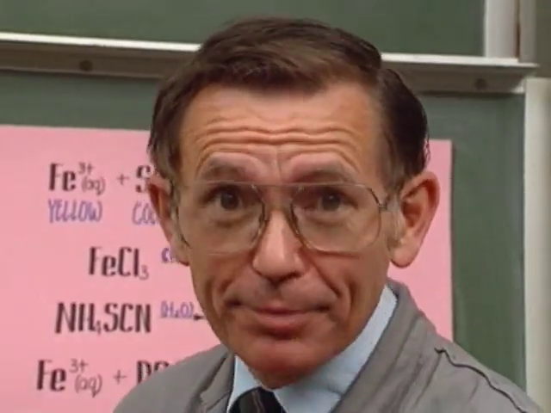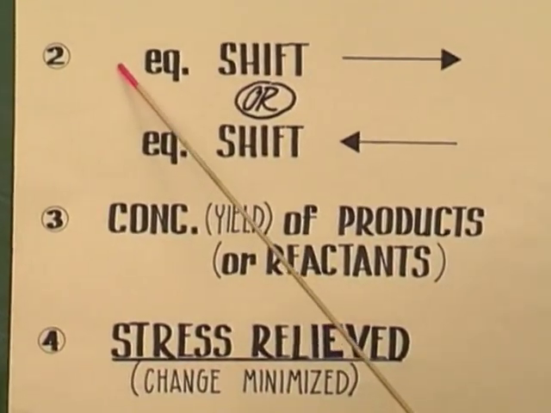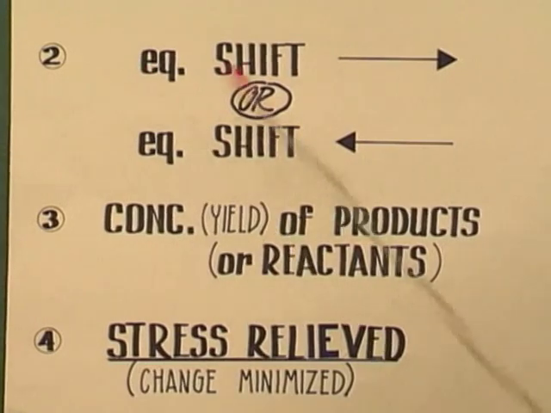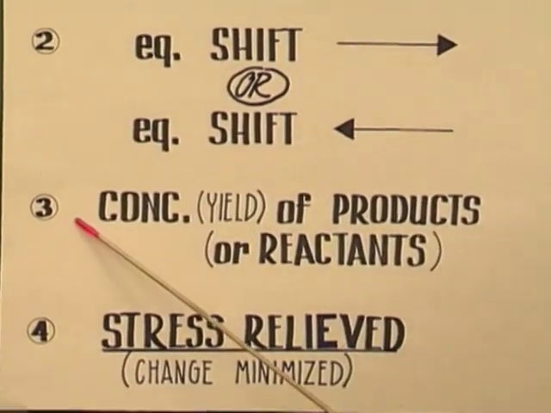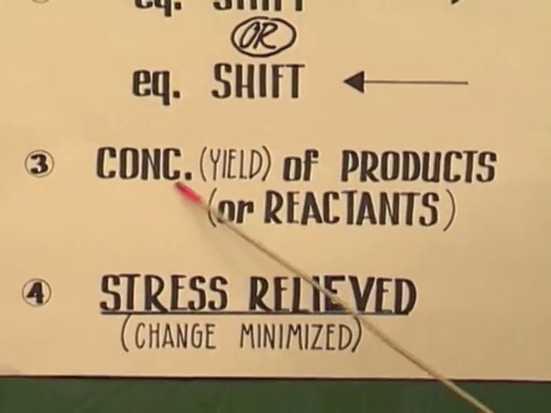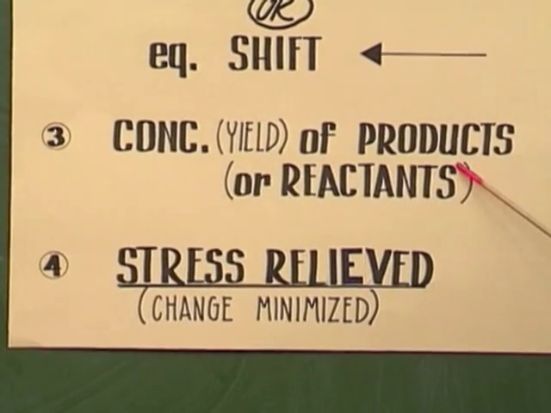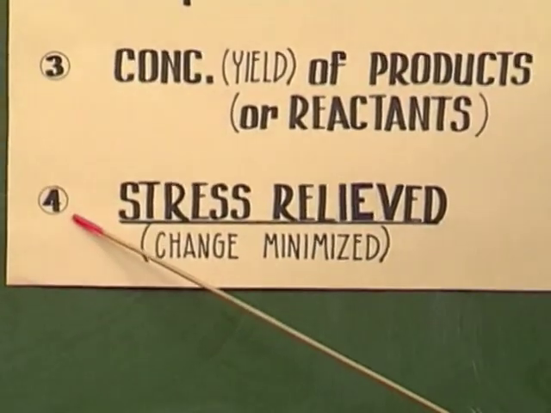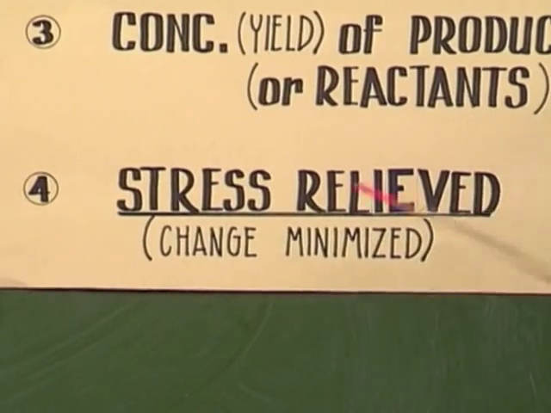The second step is to determine in which direction the equilibrium is shifted. That means whether the equilibrium is shifted to the right or to the left. In the third place, we ask ourselves how the concentration or yield of the products is affected by this shift. And in the fourth step, we finally have to give an explanation of how the stress is relieved or the change minimized.